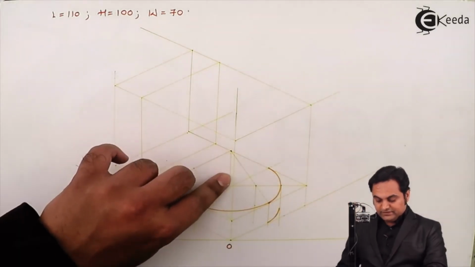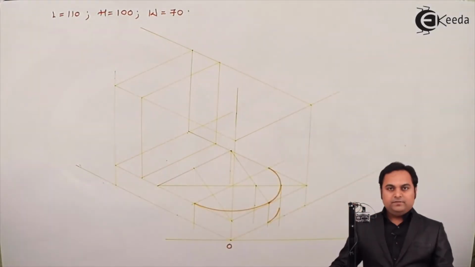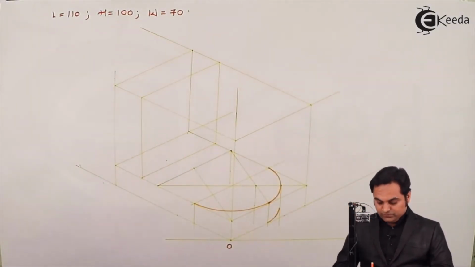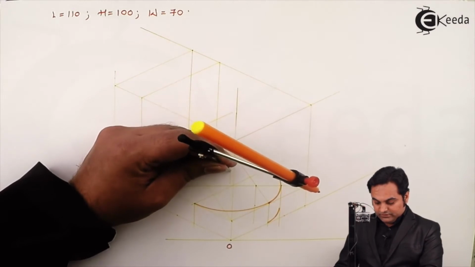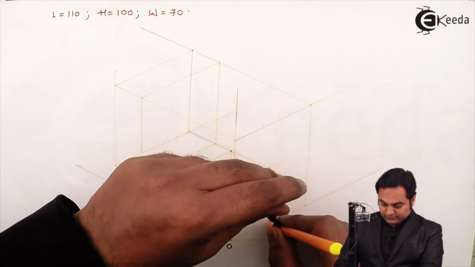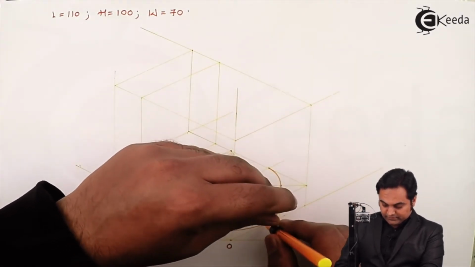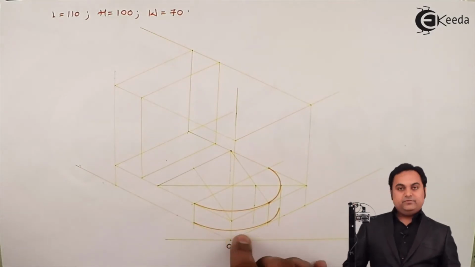Then taking this center also 20 mm down and measuring the radius which I had used previously, or in other words, I can take this center 20 mm down, taking the distance up till here, joining with the help of a light arc. So this is the semicircle I am getting.